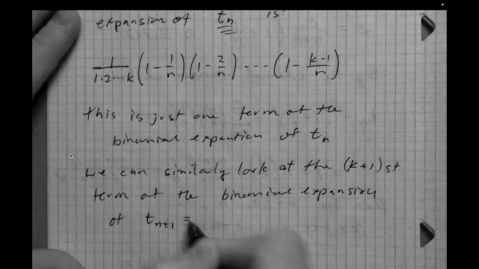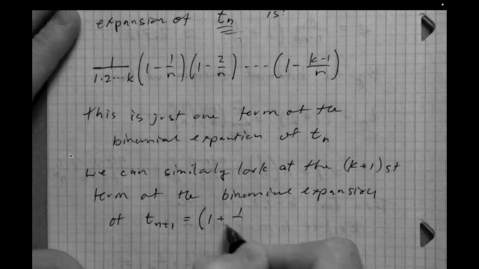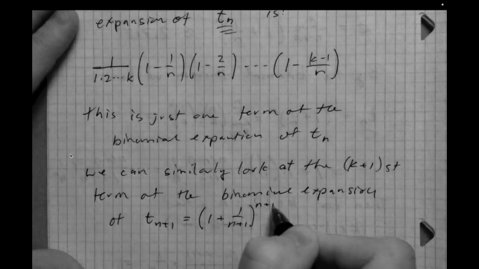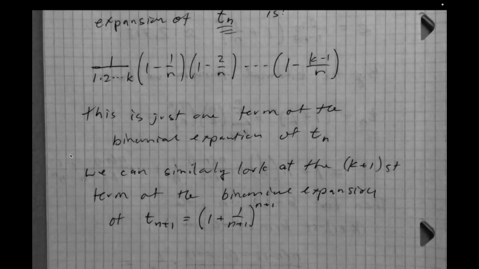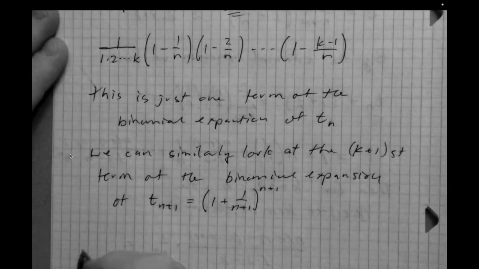Now remember, this is going to be 1 plus 1 over n plus 1 to the n plus 1. Okay, and so just keep that in mind, that that's what the t sub n plus 1 term looks like, and do the binomial expansion on that. And what you will find is that the k plus first term looks like this.